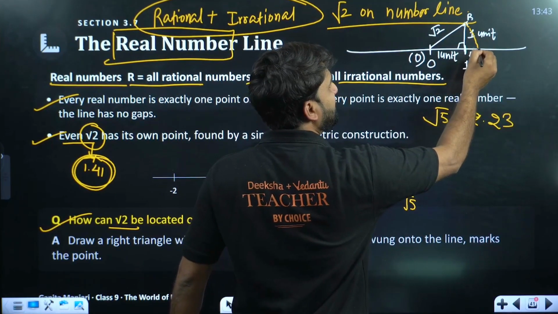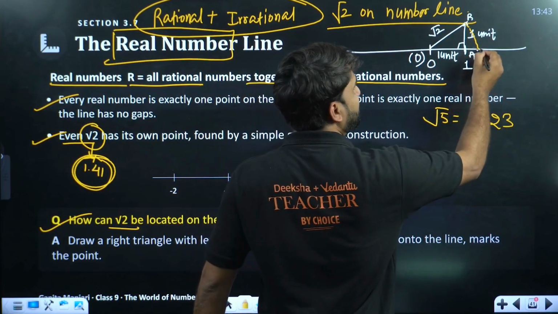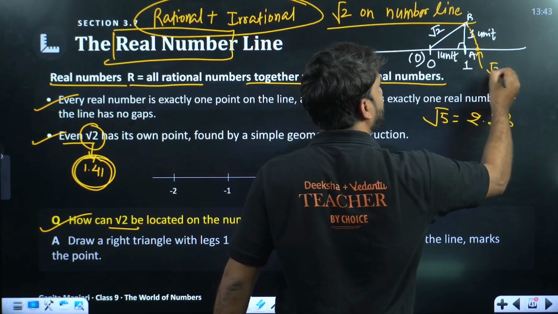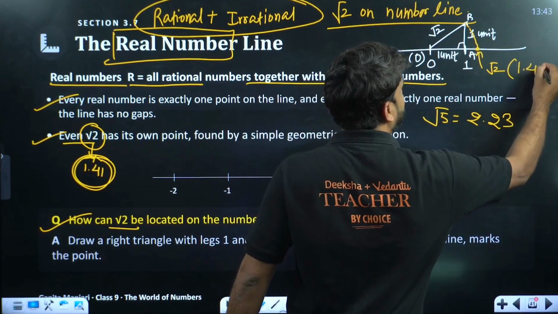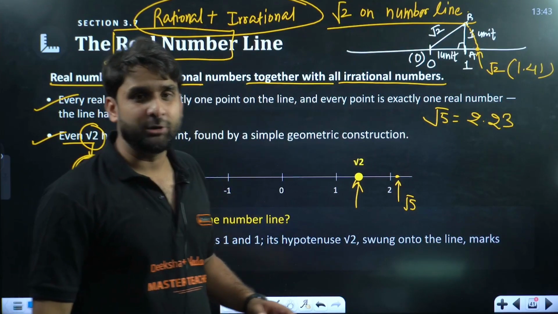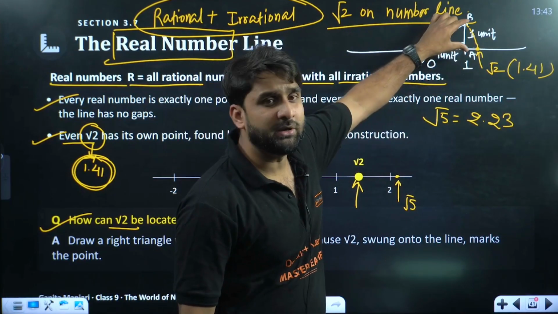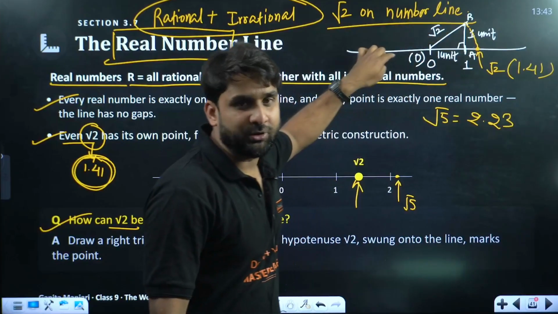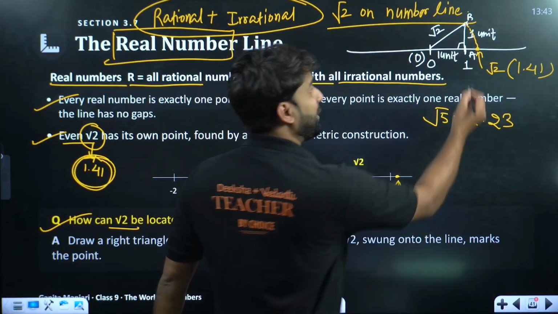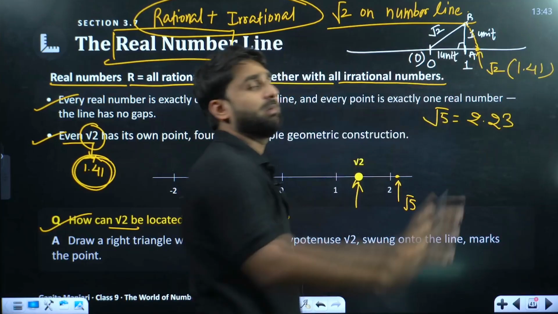So your arc will come here somehow, and this will represent the position of root 2, and root 2 is also equal to 1.41. So after 1, this result will come. I hope this is clear to you all. With a base of 1 unit and a perpendicular of 1 unit, the hypotenuse will become root 2. And now draw an arc. This point will represent the position of root 2 on the number line.